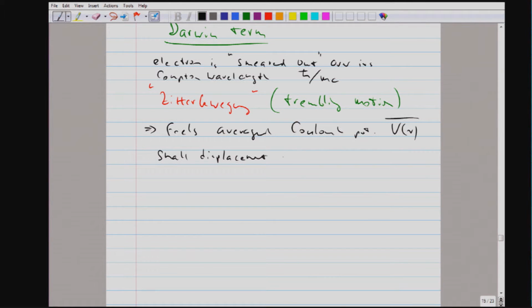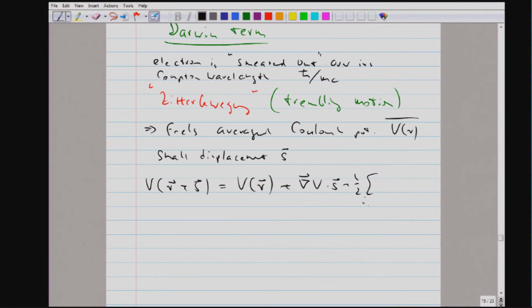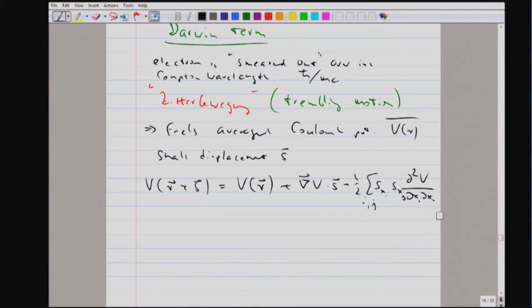If we assume a very small displacement S, we can expand the Coulomb potential into the Coulomb potential plus the derivative times S plus the second order Taylor expansion, with the xi, xj component and the second order derivative xi, xj of the Coulomb potential.